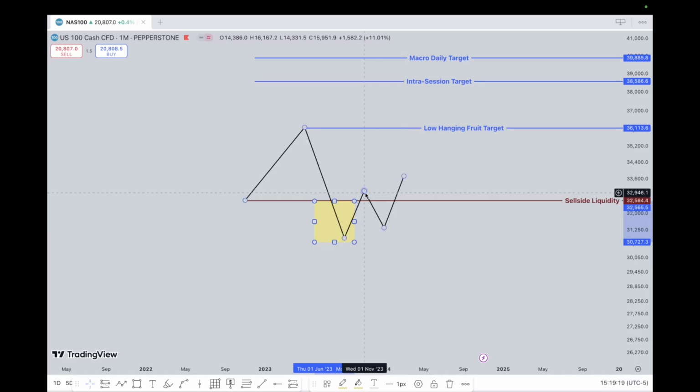The reason why we do not want to see price go below this low, and the reason why we choose a fair value gap which is favorable to be around this high, is because this low here was created for the sole purpose of repricing back to some form of inefficiency.